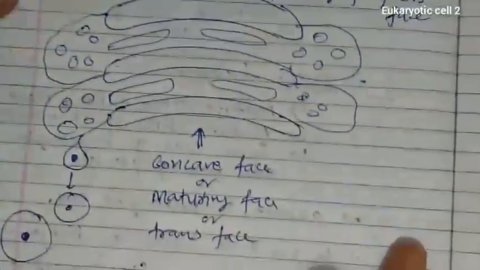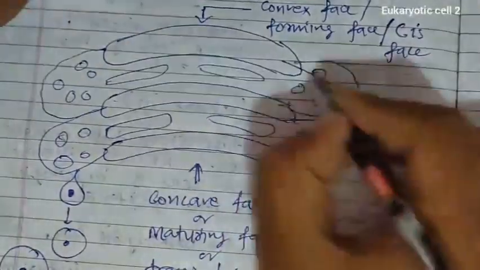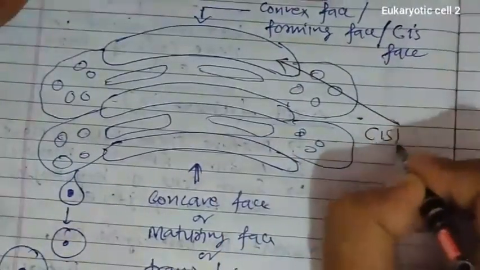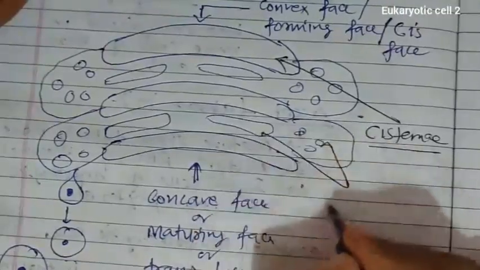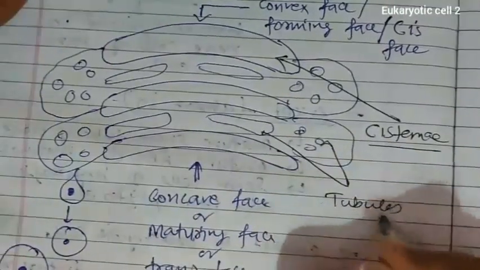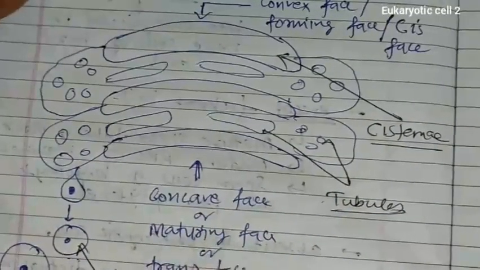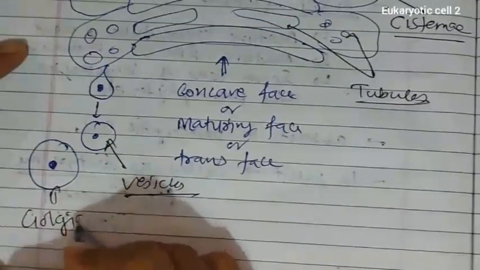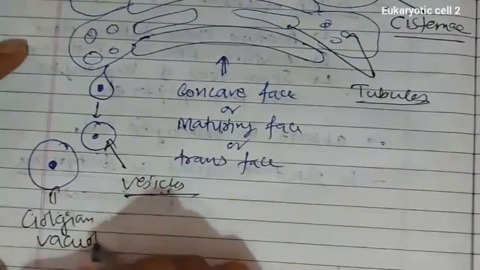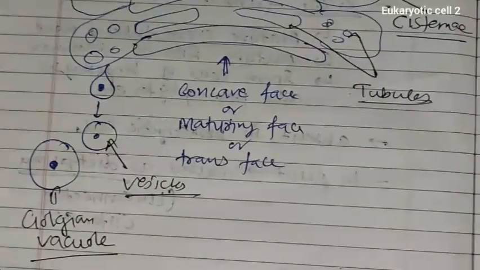Now if you label it, these are the cisternae, these are tubules, these are vesicles, and this vesicle has a mature protein, and these are somewhat Golgian vacuole. So these are the four components through which the whole Golgi complex is made up.